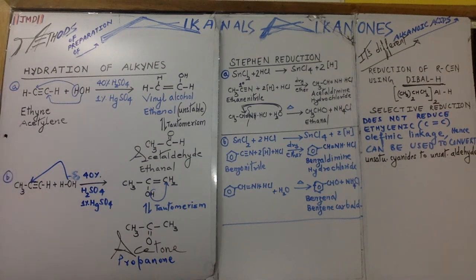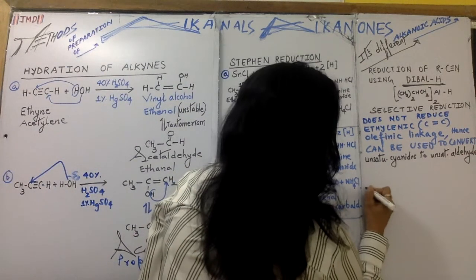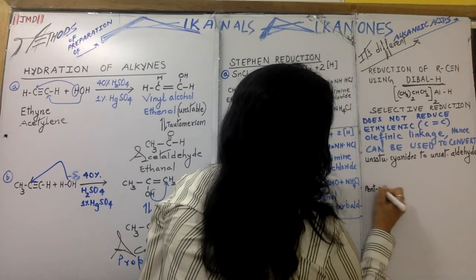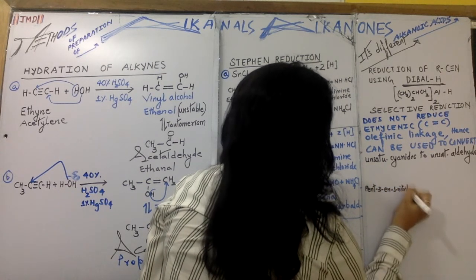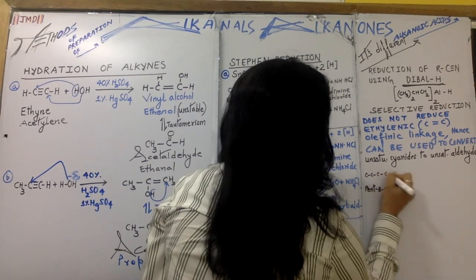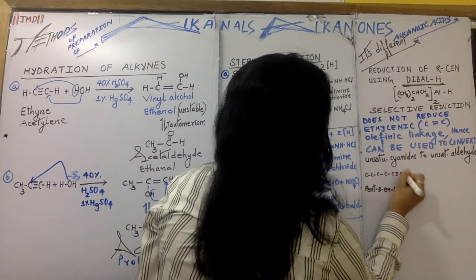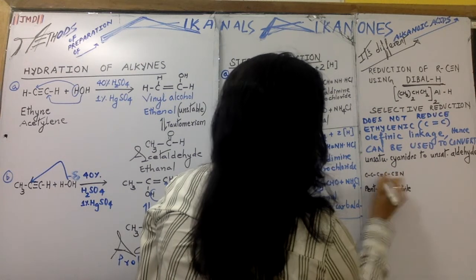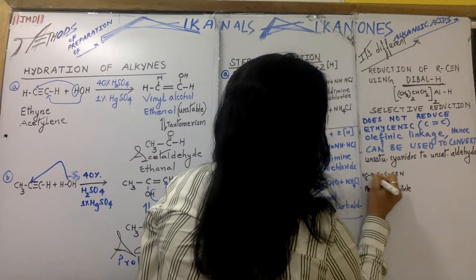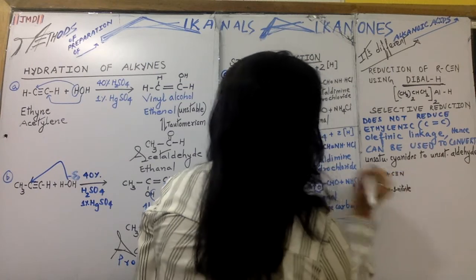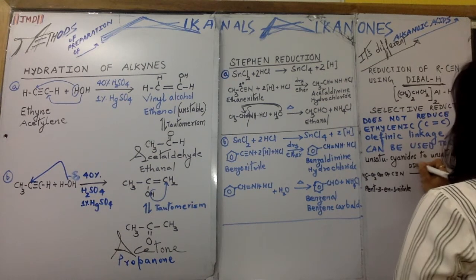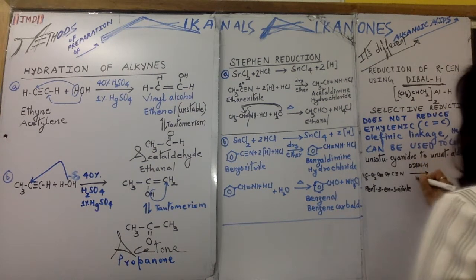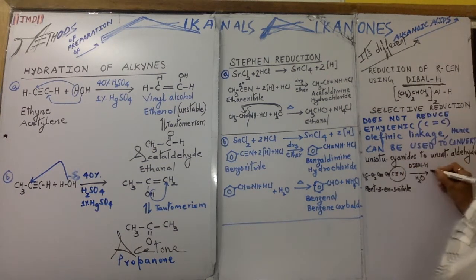For example, कौन सा मॉलिक्यूल लें? चलो टेक्स्ट बुक का ही लेते हैं. Pent-3-ene nitrile, ये लेते हैं. पेंट 1 2 3 4 5, नाइट्राइल 1 पे, 3 पे डबल बॉन्ड. Now with DIBAL and water, खाली ये जो पार्ट है ना इसको इफेक्ट होगा.